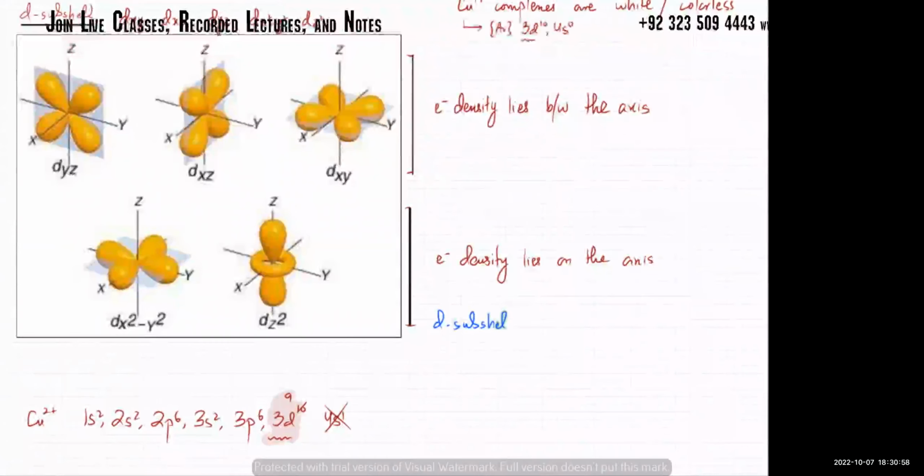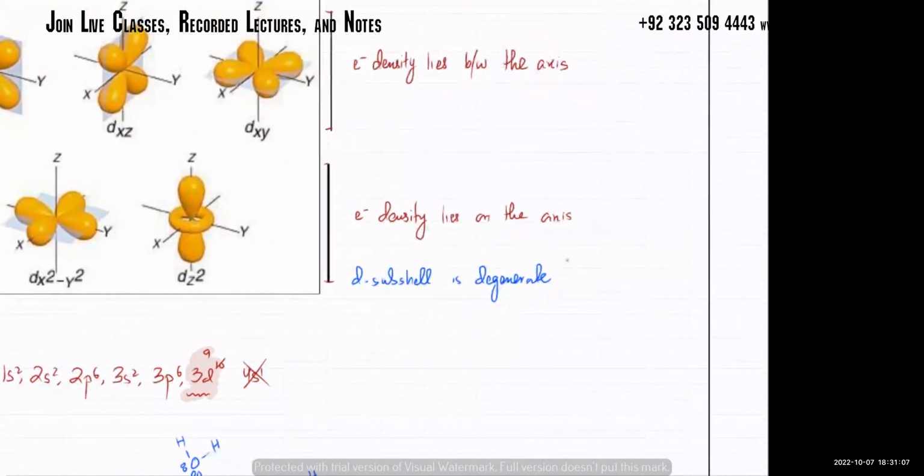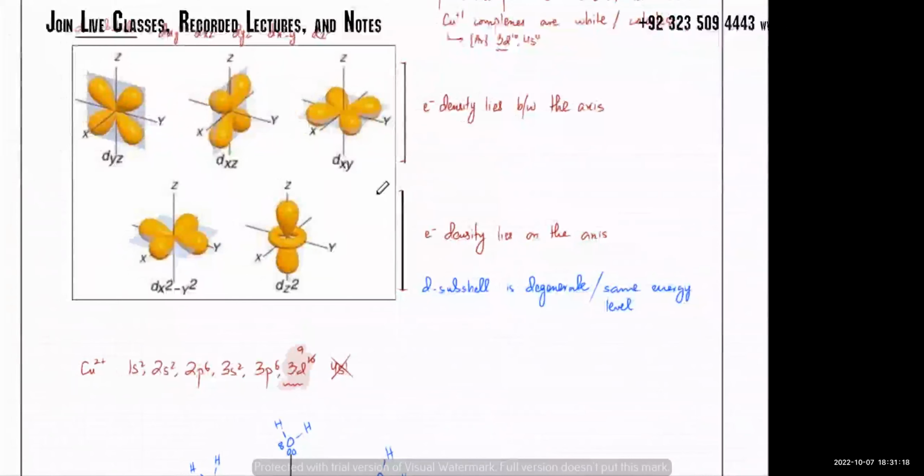All of them have exactly the same energy level, which means they're all identical. The orientation is the only thing that's different. Otherwise, whether the electron is over here or over here, it's exactly the same thing.